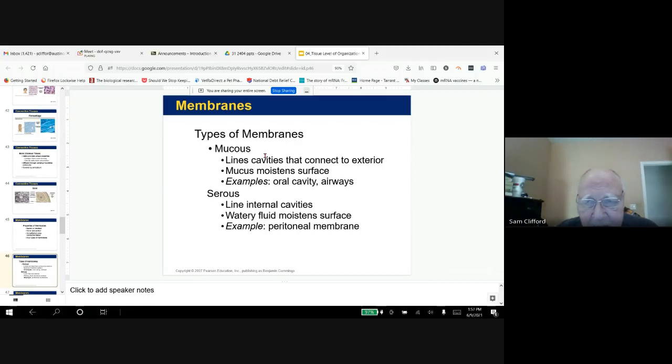So there's mucous membranes in the oral cavity and airways. There's serous membranes that have fluids, and so again, these are found in the peritoneal cavity, which contains the digestive organs, in the pleural cavity, and in the pericardial cavity.